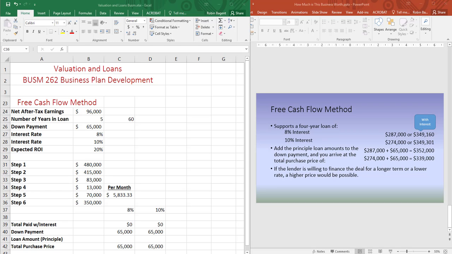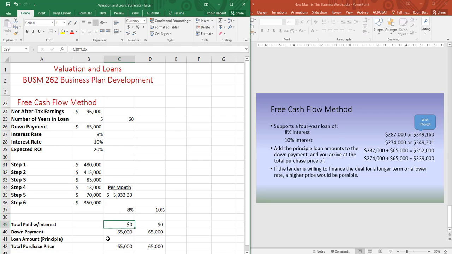Our final steps are to determine the amount that we'll be able to borrow, how much it's going to cost us overall, etc. So let's take a look at that. We're going to look at 8% interest and 10% interest. So that will change our numbers.